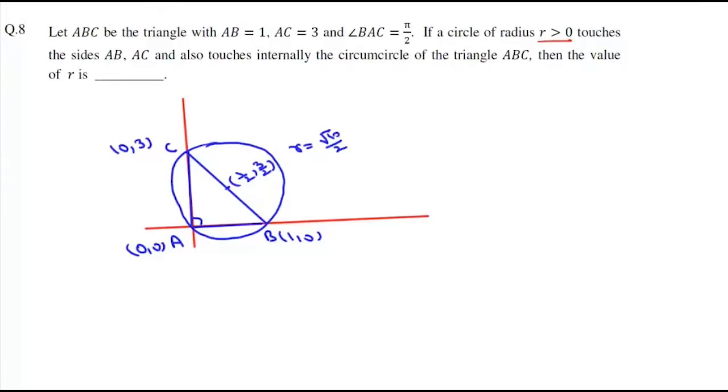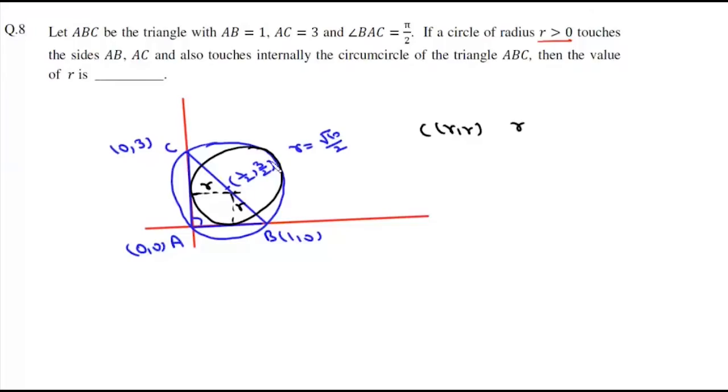Now it says we need to find the radius of a circle which touches these two sides and also this circle. Now we know that any circle which touches both the axes, its center will be (r, r), since in this case we are dealing with the first quadrant, and its radius will also be r.